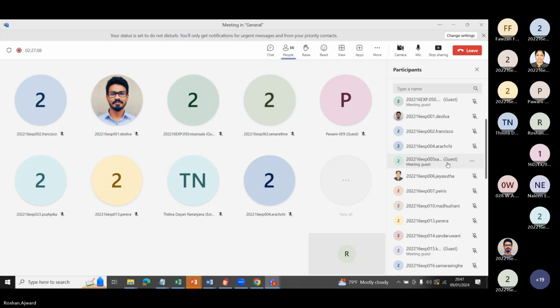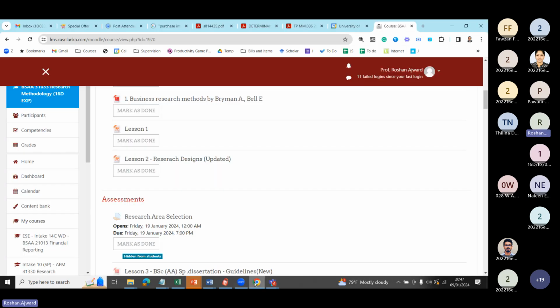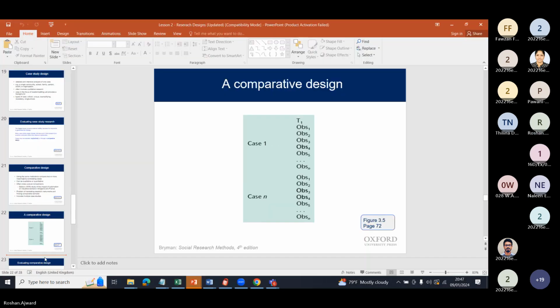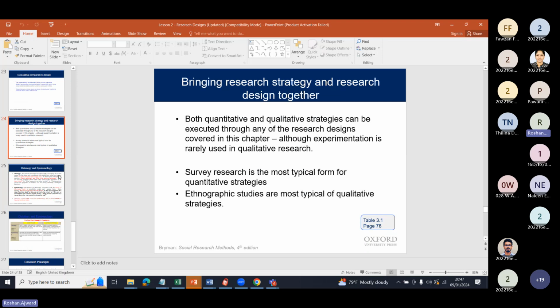So among these designs, the experimental design is the one that will establish causality. Causality. So let me now tell you a little bit about causality. Let me take the next slide and explain that to you.